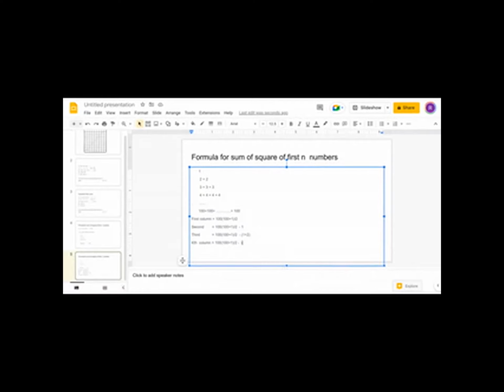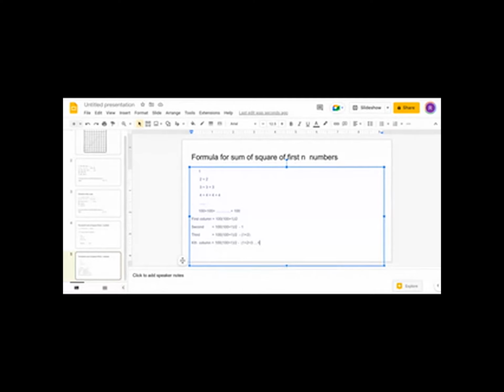It will be 1 plus 2 plus 3 till what? I have to remove 1 plus 2 plus 3 all the way till k, the kth one. Will it be till k?